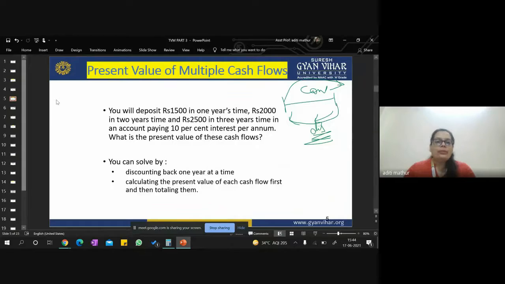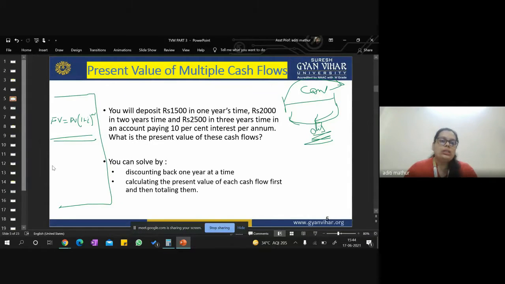Let us write down all the formulas once as a quick review. For future value, you always do compounding, and that is present value into 1 plus i to the power of n.